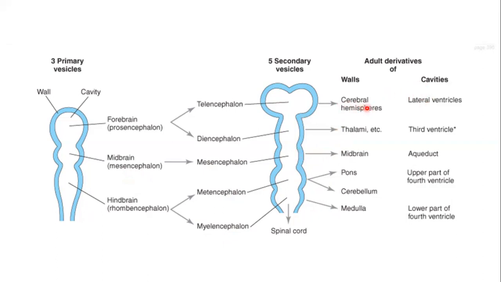The cerebral hemisphere has the lateral ventricles, the diencephalon has the third ventricle, and the midbrain has an aqueduct, it's a duct. The pons in the upper part has the upper part of the fourth ventricle, and the medulla has the lower part of the fourth ventricle. So this is the fourth ventricle formed by the pons and medulla.